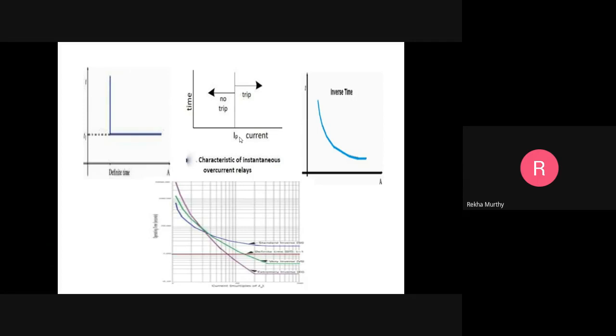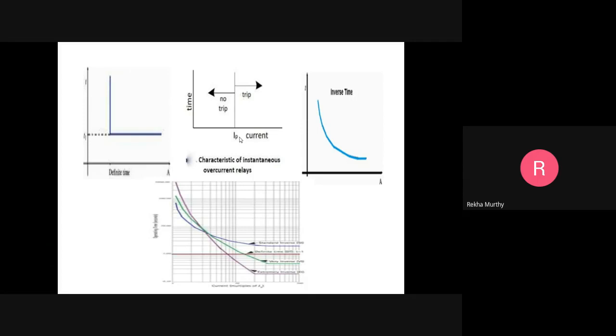So in the very inverse time overcurrent relay, what will happen is that it will give a more inverse characteristic than that of a plain inverse relay or IDMT relay. Okay, so its time current characteristic will lie between the IDMT characteristic and the extremely inverse characteristic.